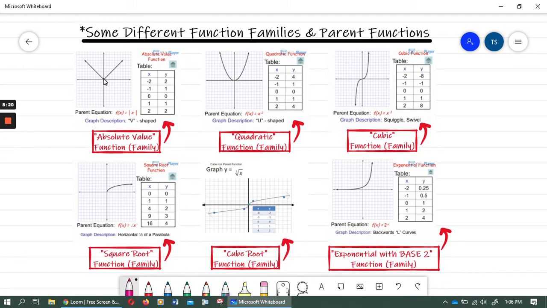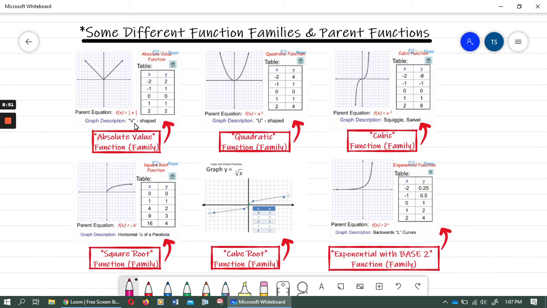The vertex of an absolute value function, for this parent function, is the relative minimum, the lowest point compared to all of the other points that are nearby. So the vertex here is 0, 0, and then they've got these other points that are directly centered around that vertex in the table of values.